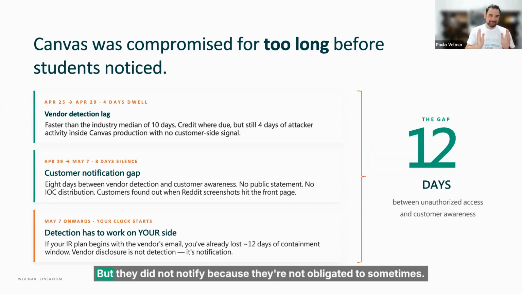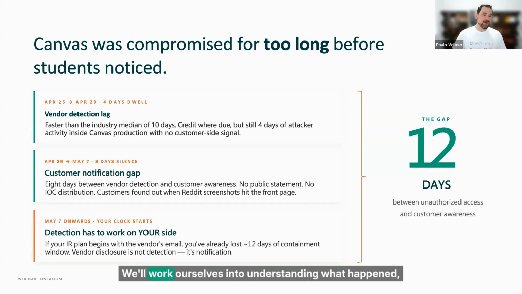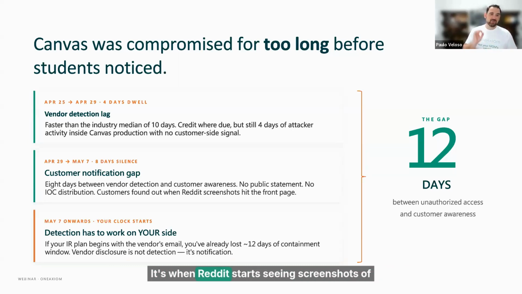But they did not notify, because they're not always obligated to. They said, okay, we caught it, we'll take full ownership of it, we'll work on understanding what happened, but we're not notifying. People got notified when Reddit started seeing screenshots of the IOCs.